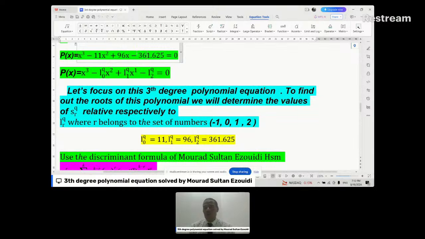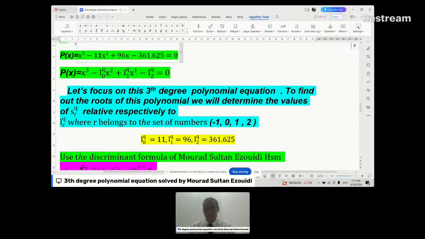If you equate your first third degree polynomial equation to this, you will note that L0 for the q equals 11, L1 for the q equals 96, and L2 for the q equals 361.625. You will work with these coefficients of your original third degree polynomial equation to find your new third degree polynomial equation that will give you the x roots of your target.